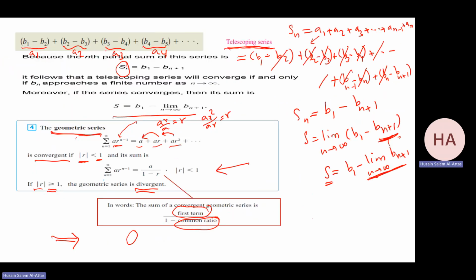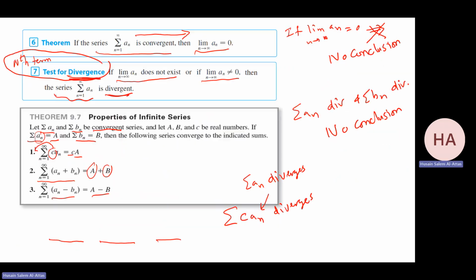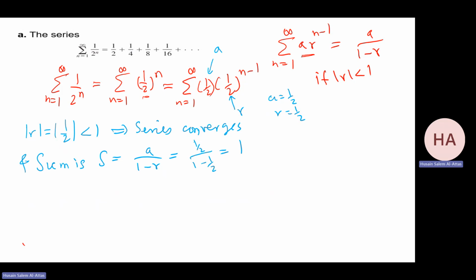I try to do it in this format, and then I find A and r. Another way, look at this. A is the first term, r is the common ratio. Let us apply it in this example. What is my first term? Half. This is A. The ratio r: 1 over 4 over half, this over this, which is half.